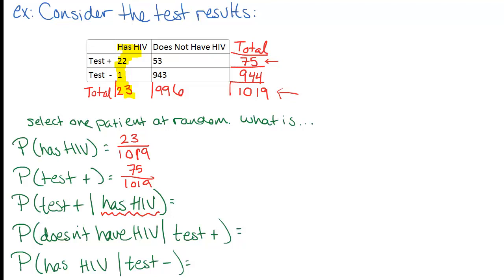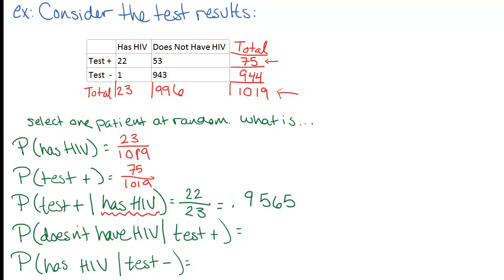So we're looking for the probability of a positive test result. Well, there were 22 people with positive test results in this group out of a total of 23. Or this would be about 95%. Similarly, this next one, we have the probability that the person does not have HIV given that we've got a positive test result.